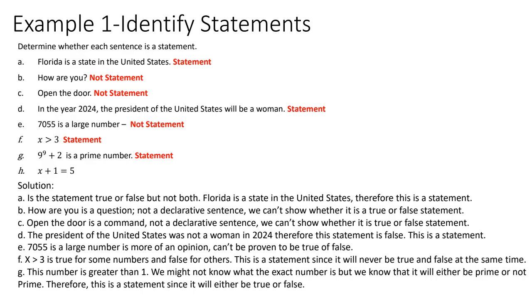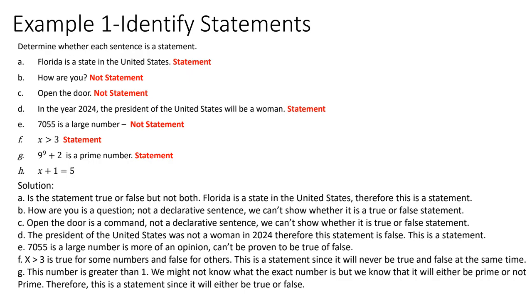And the last one, which is H, is pretty similar to F. This is an open statement because since we don't know the value of X yet, we cannot tell if this is true or false. But once you substitute X with a number, this statement will become true or false.